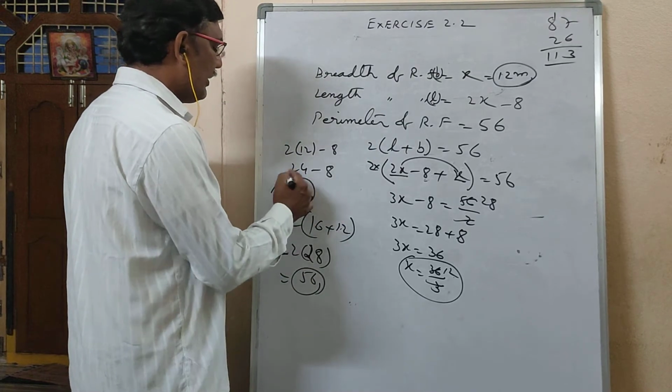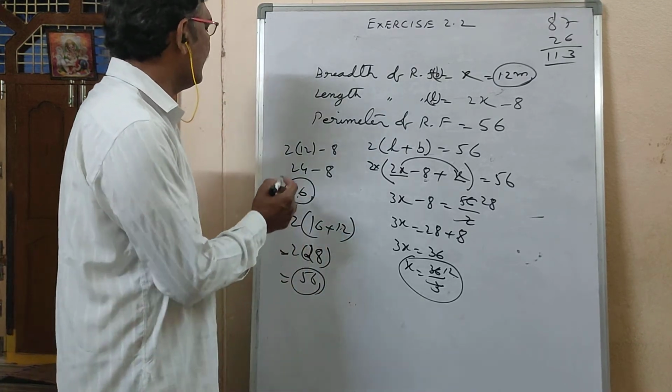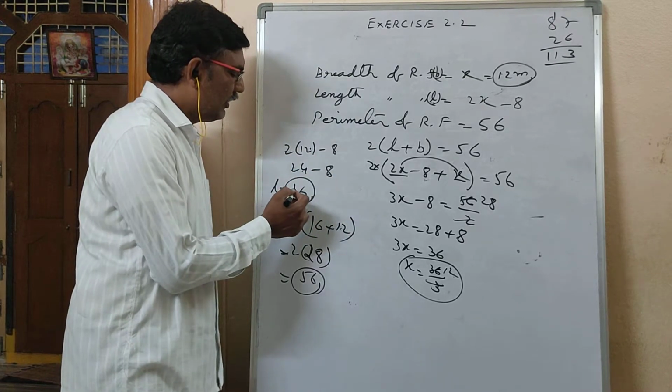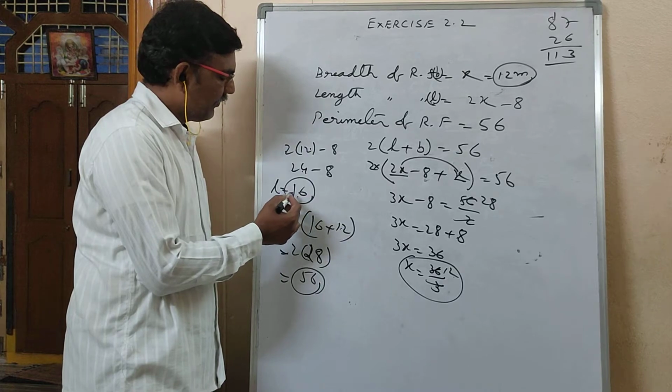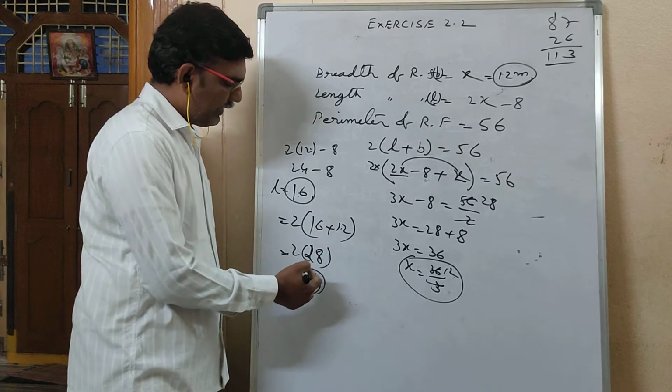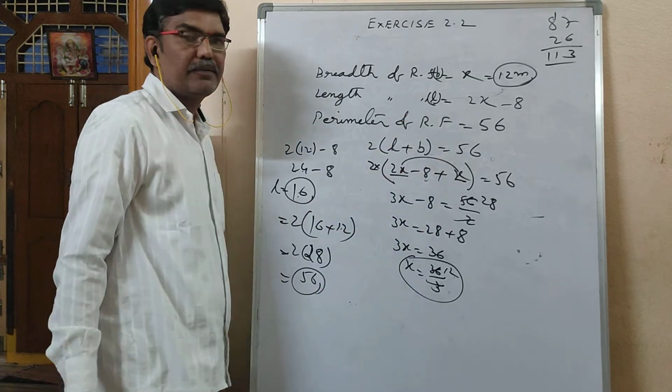So the perimeter of the rectangle is 56. So, 2 into L plus B, 2 into 16 plus 12, 2 into 28, 56 is the perimeter.